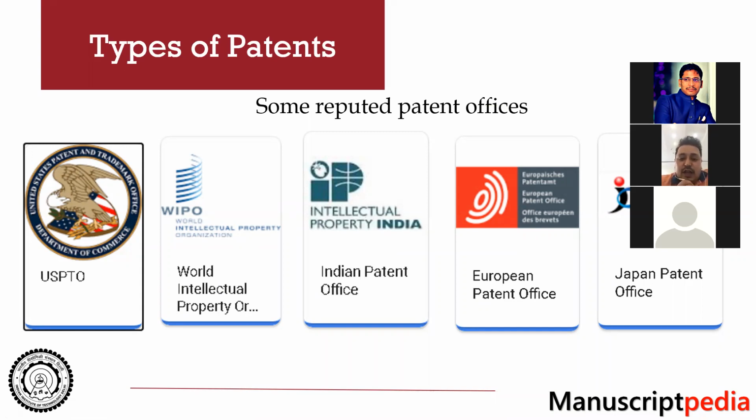There is also the World Intellectual Property Organization, where a number of patents are filed. In India we also have intellectual property offices, so this is the Indian patent, which we can file. We have offices in Delhi and many other states within India.